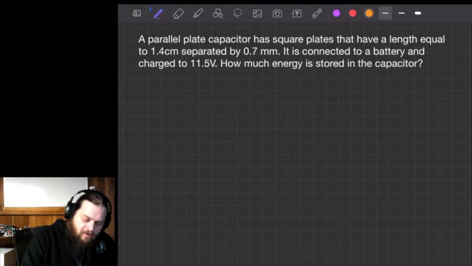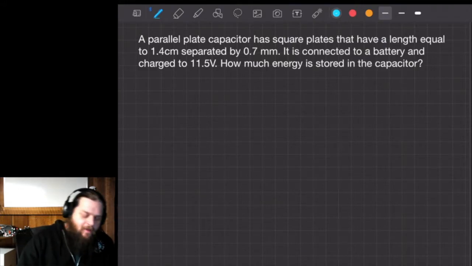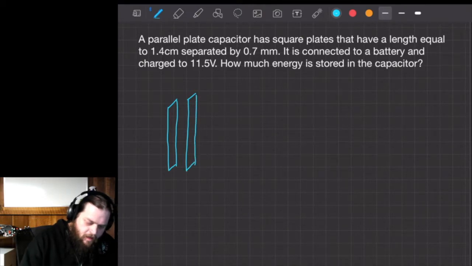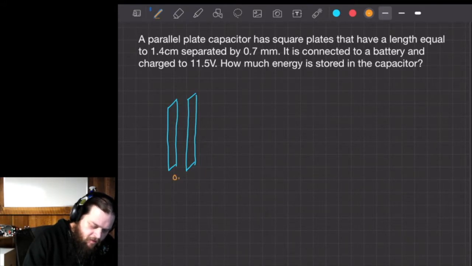So I'm going to draw a little diagram of this one. I like drawing diagrams. It helps me visualize what's happening in the circuit. So if I have a plate, then I have another plate, and I know the distance between them. This distance here is really 0.7 millimeters between them.